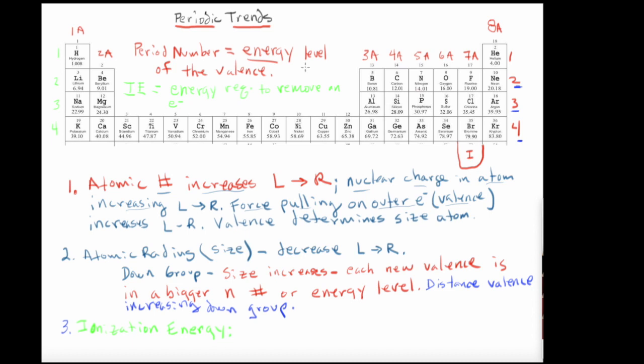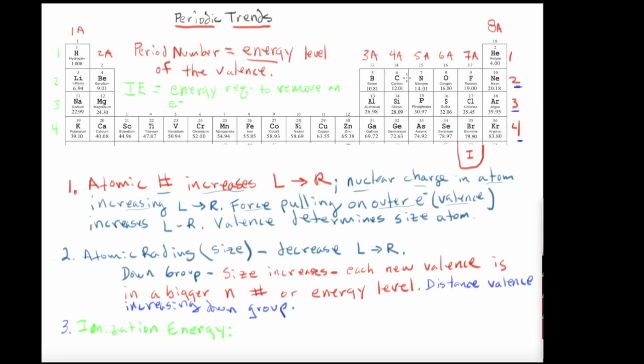All right, so if you think about moving across period number 2 from lithium to neon, you can see that the atomic number is increased, the nuclear charge is increased. And what did we say about that? The nuclear charge is pulling harder on the valence electrons of the elements on the right side of the table compared to the ones on the left.